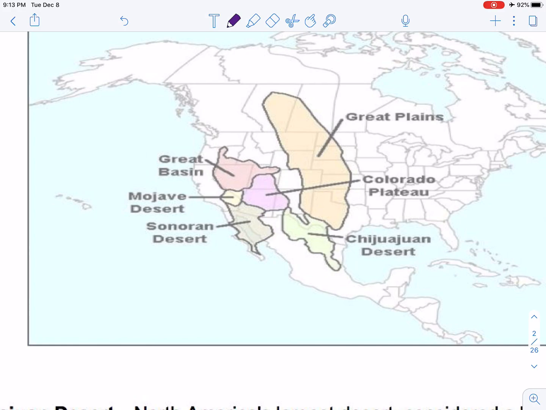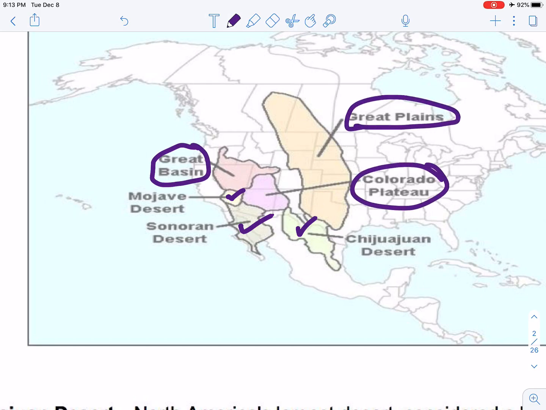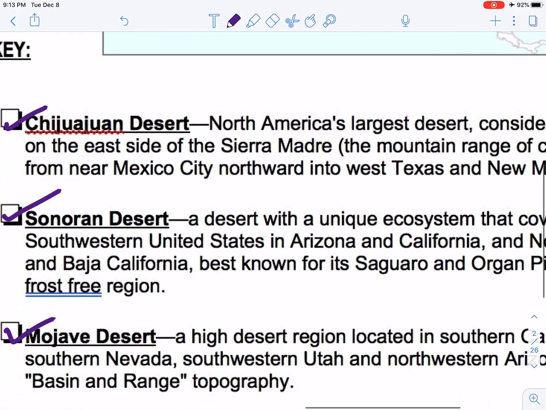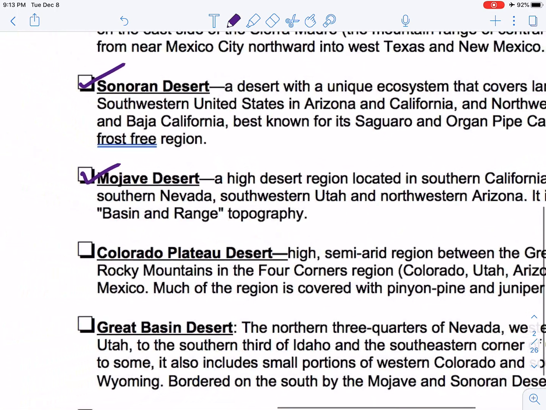We've already talked about the Chihuahuan just a little, and the Sonoran a little. We spent a lot of time on the Mojave. Today we are going to talk mostly about the Great Basin, but we also need to recognize what these two are as well. So, let's go down to where we can read about this.